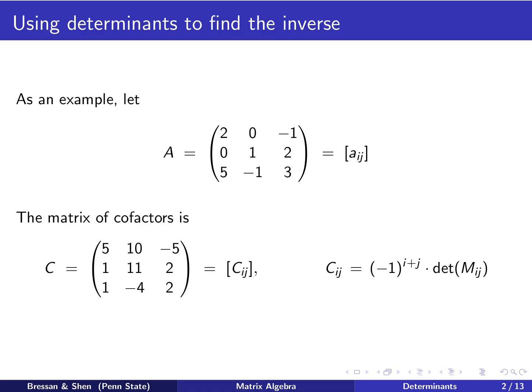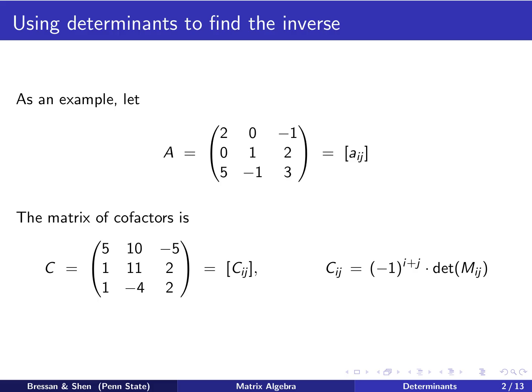Now we can recall the formula to compute the Cij. It will be -1 to the power i plus j, so it's either positive or negative in the front, and then the determinant of this submatrix Mij, where you remove the ith row and the jth column, so it becomes smaller.